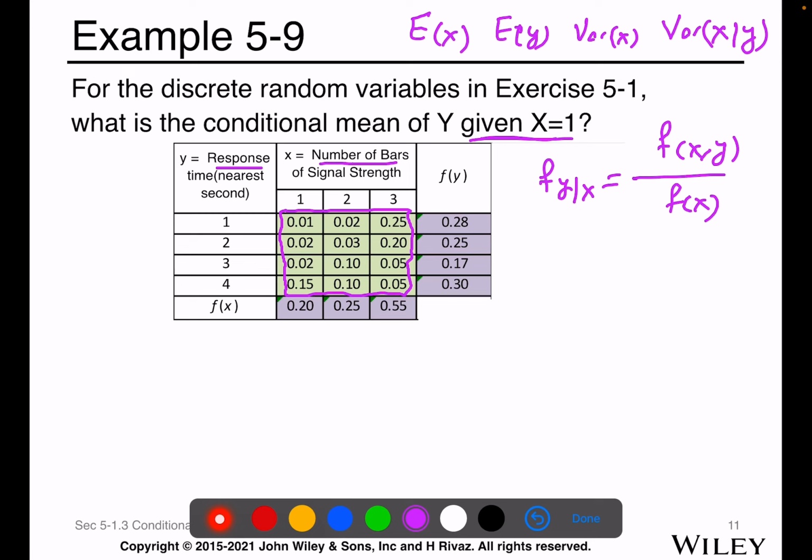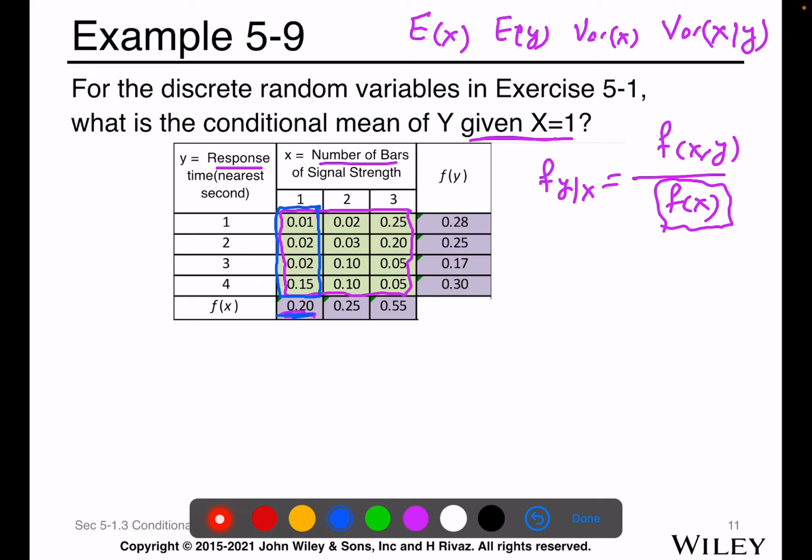So the first thing we have to do is to calculate the marginal of x. It's easy to calculate. For example, here I have to add up these 4 numbers, and the answer is 0.2.